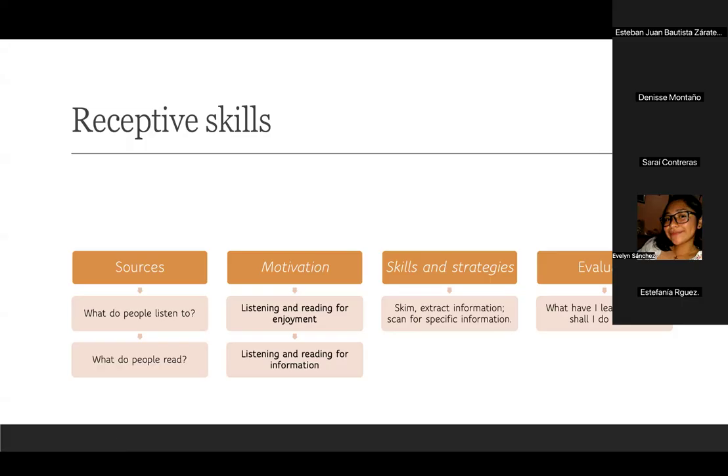Obviously, we are going to focus on strategies. Some strategies are to skim the text, extract information, scan for specific information, but also how you are going to make your students aware that those strategies are not only necessary to learn from a theoretical perspective.